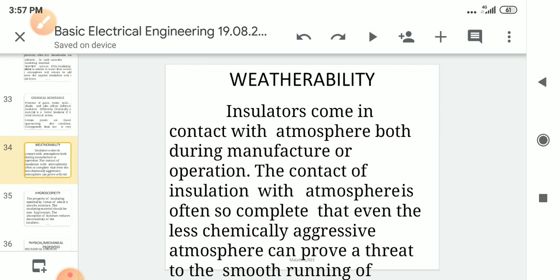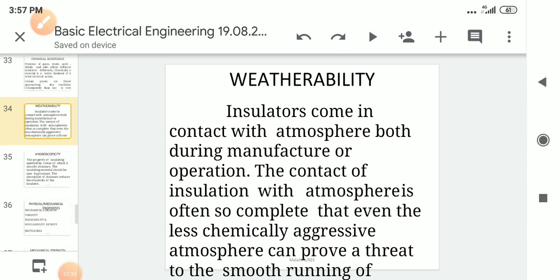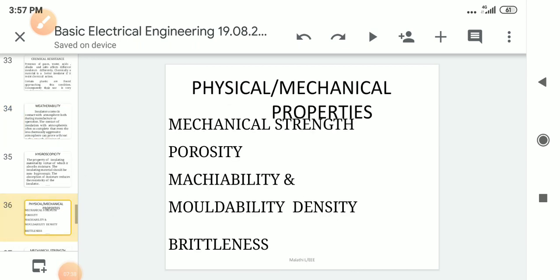Up to now we have studied the electrical properties. Now we have studied the chemical properties, and after that we have to see the physical or mechanical properties. What are these physical and mechanical properties? Let's see.